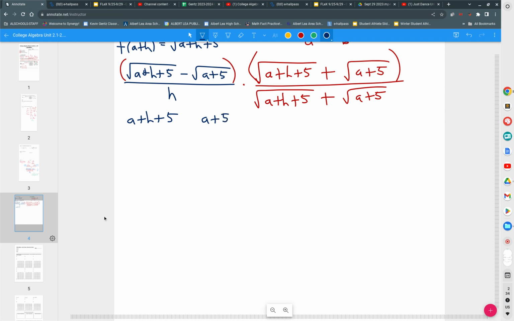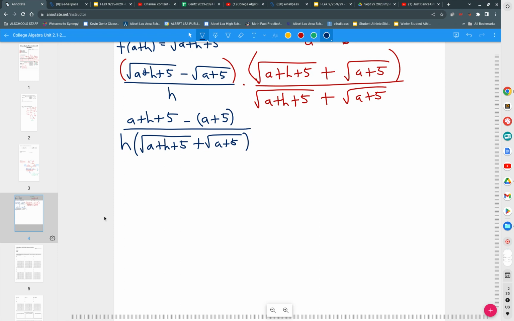Is it positive or negative? It's a negative a plus 5. I got to make sure I distribute that negative through. All over, then in the bottom we have h times parentheses, square root of a plus h plus 5, plus square root of a plus 5.